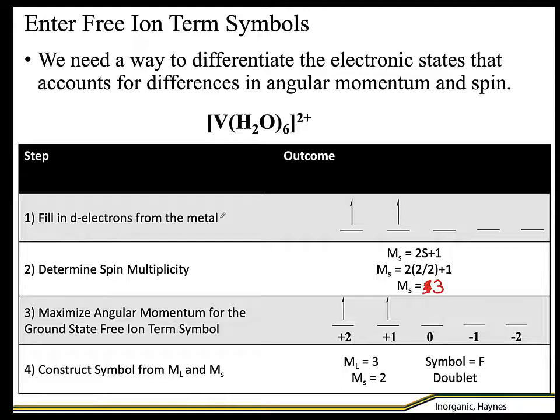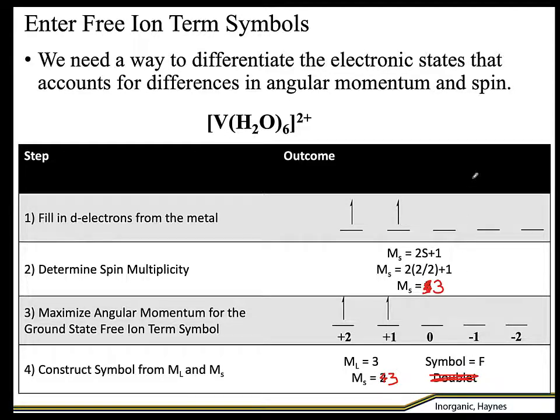In order to maximize this angular momentum, we would say that our electrons are in a +2 and a +1 orbital. So that means this capital M sub L has a value of 3. This is going to lead to a symbol, which is an F, and we're going to get to this in a second. And again, this spin multiplicity is a 3, not a 2. So we would call this a triplet state, not a doublet state. Right? Obviously, there's some editing that I'm going to do on this before I post it.